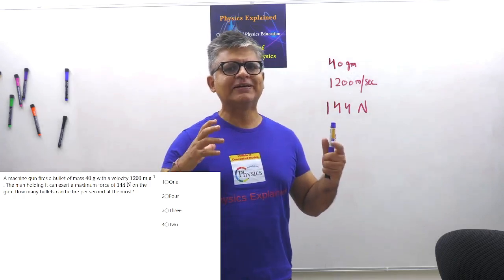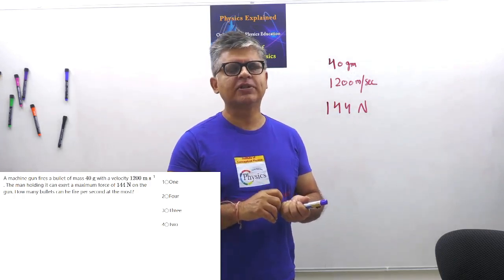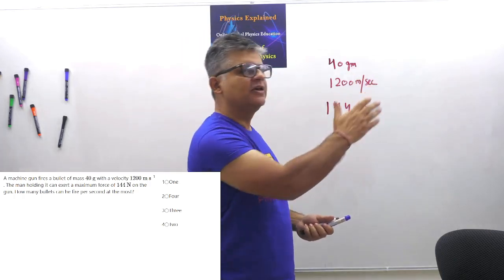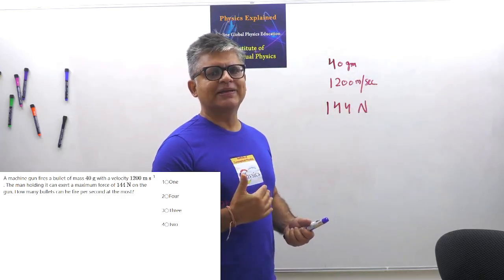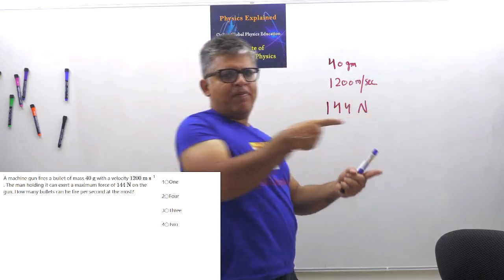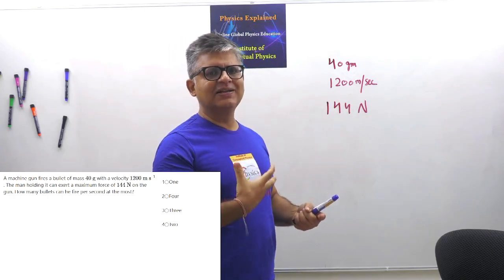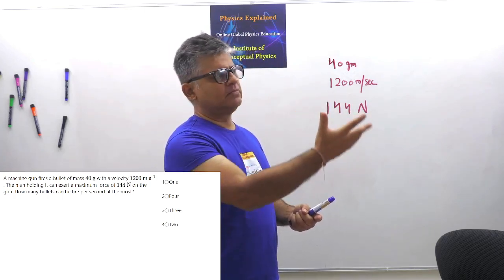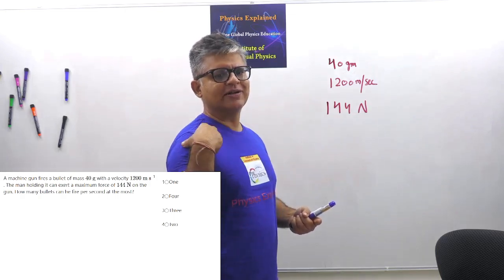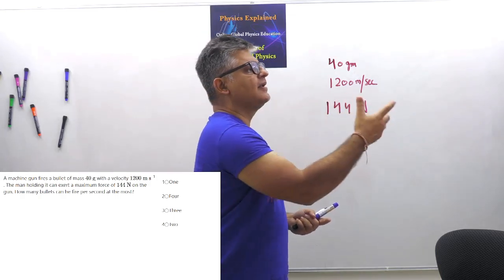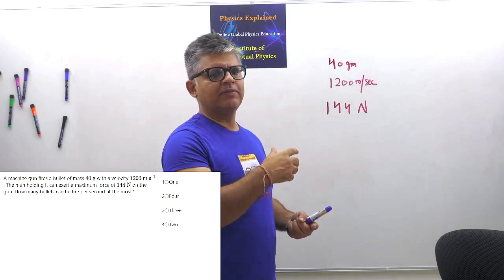The overall momentum of the system is zero to start with, but when you start firing, you produce a forward momentum and the momentum has to be conserved. So this backward momentum, which the gun recoils with, comes on the shoulder. Generally, you keep the gun here and you get a recoil.